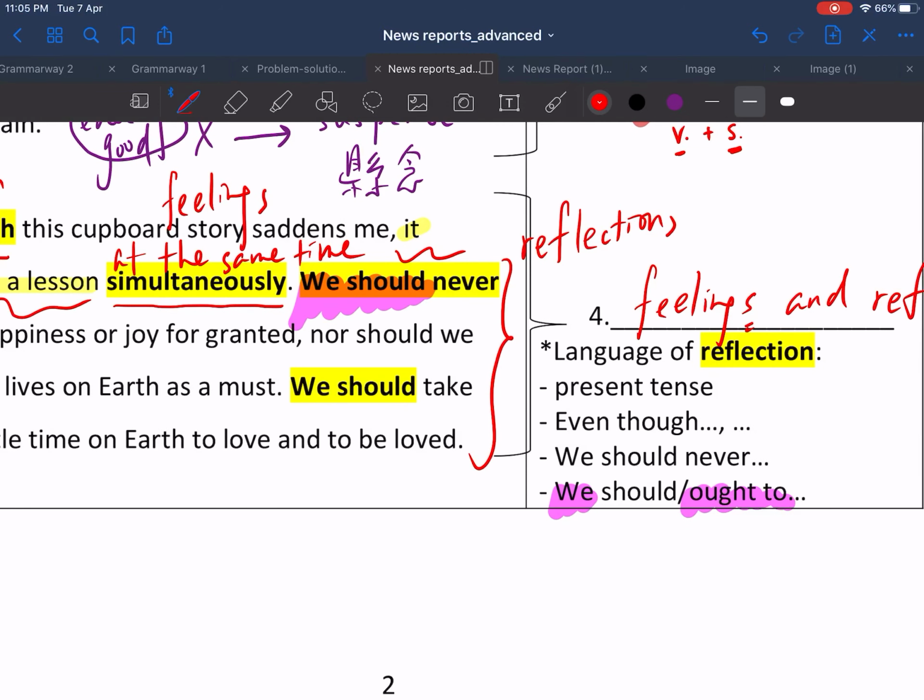We use them to give advice. I hope you still remember you learned giving advice from the previous lessons. Giving advice is like having reflections. Because you have reflected on your mistakes, then you can give yourself advice.